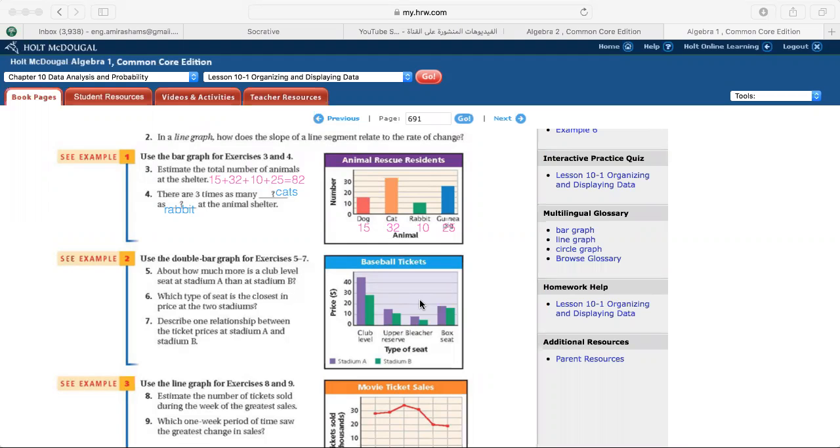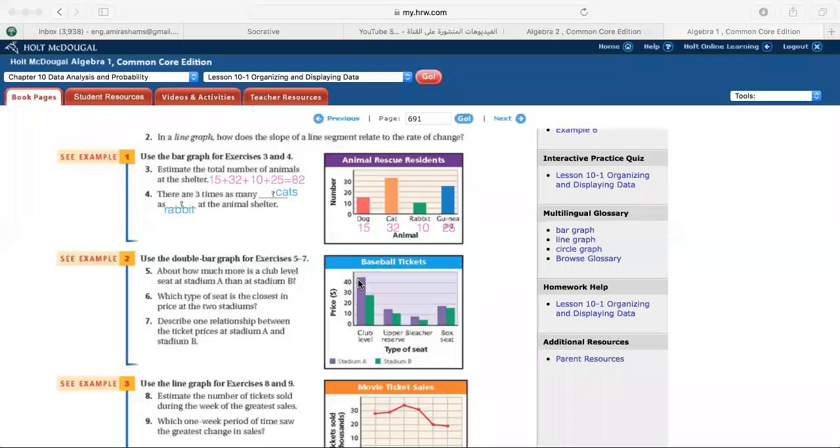Okay, girls, so now we learned how to read it. So we want to answer how much more, so I'm going to subtract. How much more is a club level seat at Stadium A than Stadium B? They are talking about the club level seat at Stadium A and Stadium B. Here is club level.